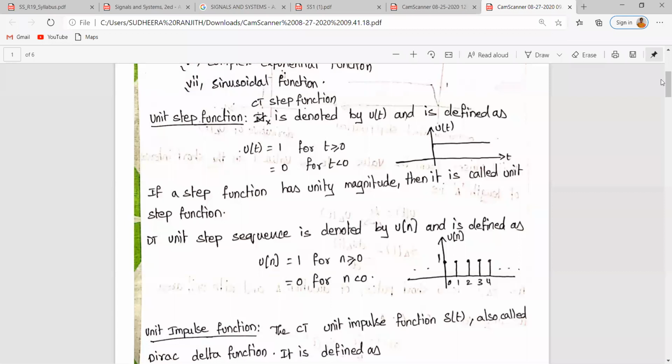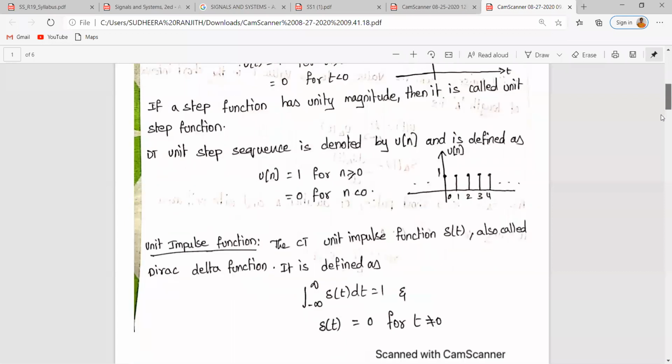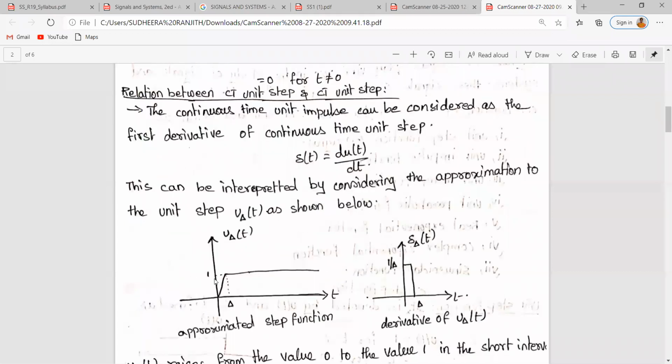Is it clear? For the practical version of u of t, the amplitude may not change abruptly. It may take some time to change the amplitude. So this is how the amplitude changes over a small duration delta. The practical version of u of t is represented as u delta of t.